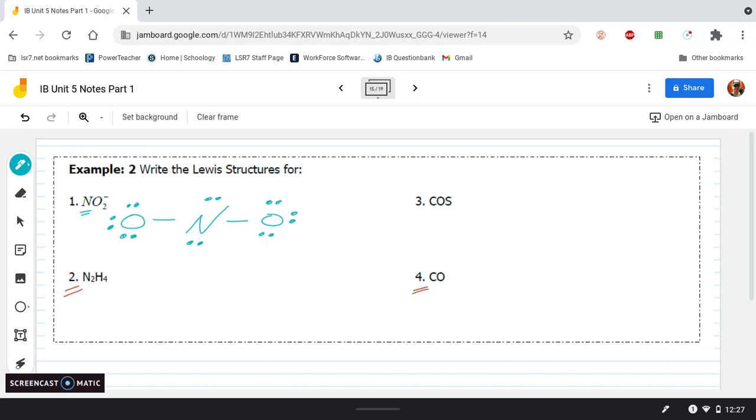Okay, now we've got to figure out how many electrons we're going to be allowed to have. When you look these up on your periodic table, oxygen is going to give you 6, and there's 2 of those, so that's 12. And then nitrogen is going to give you 5. And then you're probably like, what the heck? I'm stuck at 17.